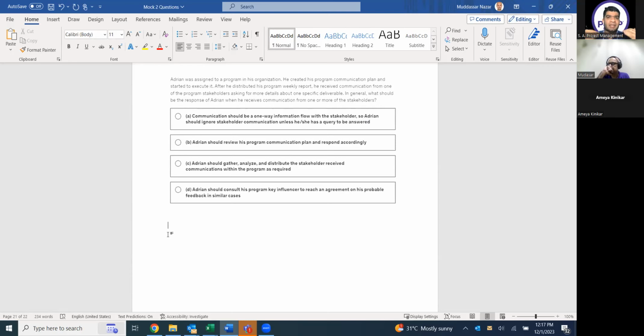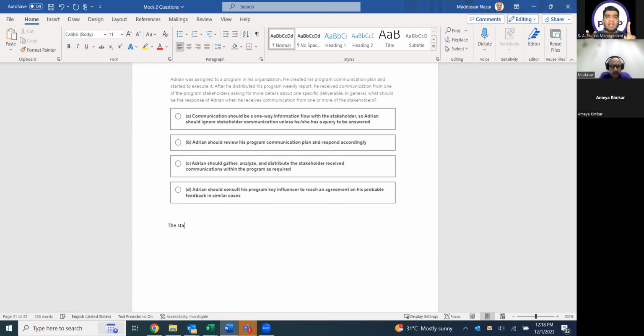Another instance could be that you already prepared a stakeholder register and sent your weekly report, but one of the key stakeholders from your register complained he did not receive your report for the last 3 weeks. In this case, you should review the program communication management plan, to see why he was not communicated with.